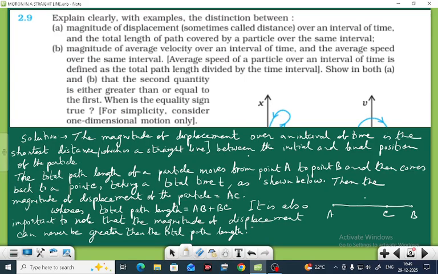This we know. However, in some cases, if we take another case, let us see what is the case. Suppose we are taking this case.